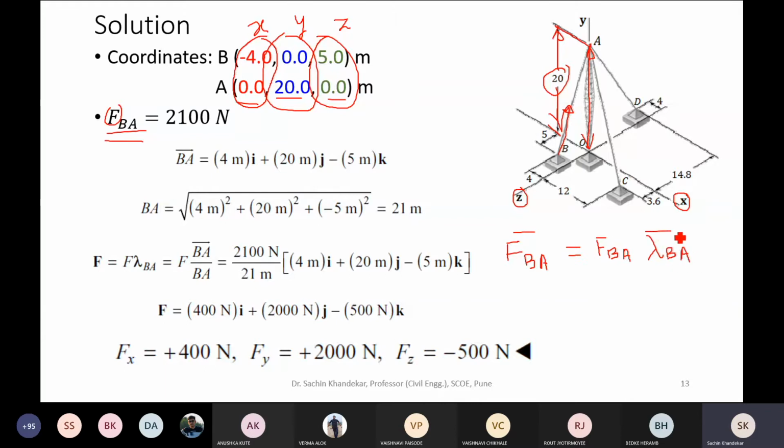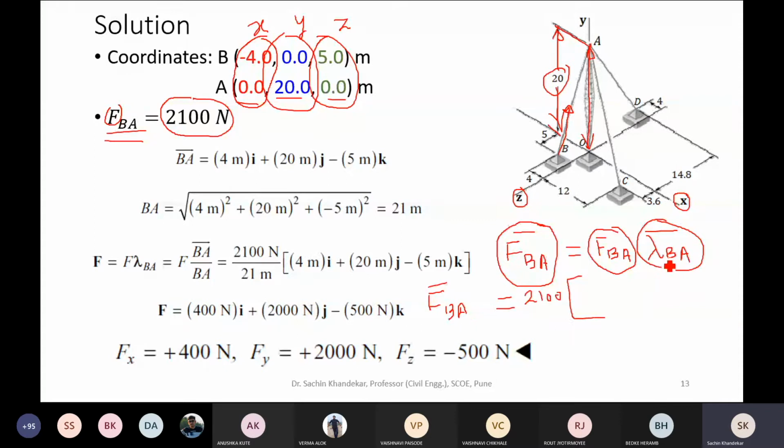Please note that these two are vector quantities, while FBA is the magnitude of this vector, which is given as 2100. So I can write F bar BA is equal to its magnitude, which is 2100, times the unit vector lambda bar BA.